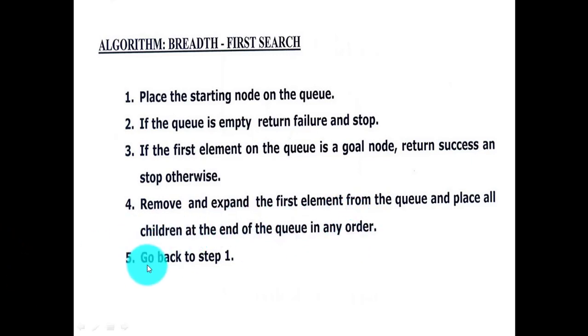Then step 5, go back to step 2. This will be iterated until the queue becomes empty. We return failure if there is no goal state in the tree, and if there is a goal node, we will find that node and our search will be successful. This is the algorithm for breadth-first search.